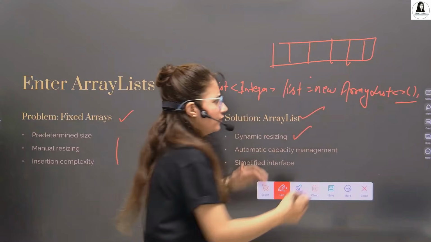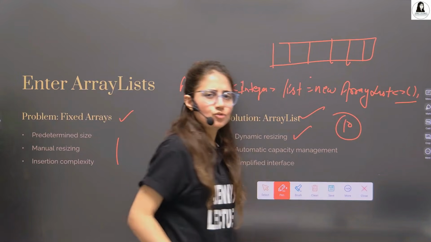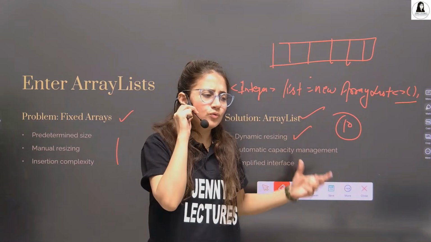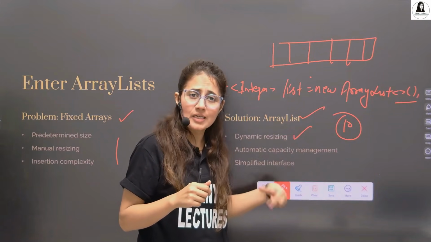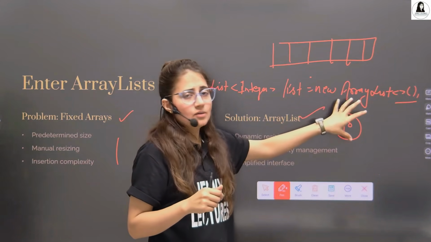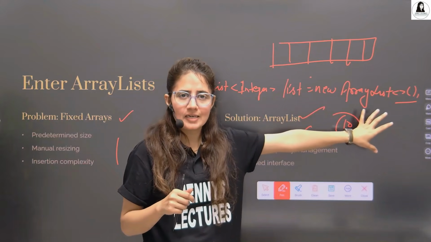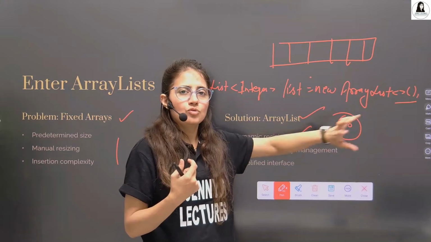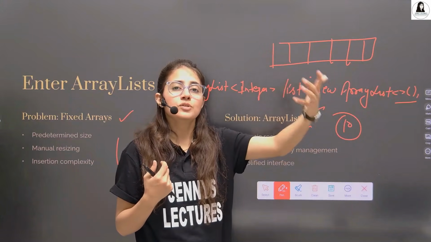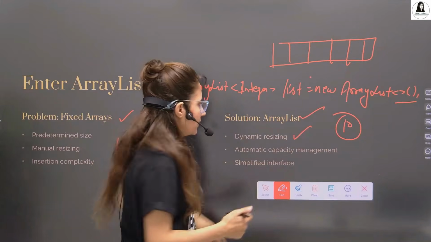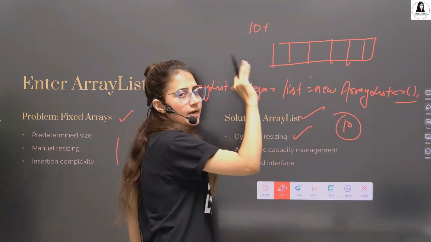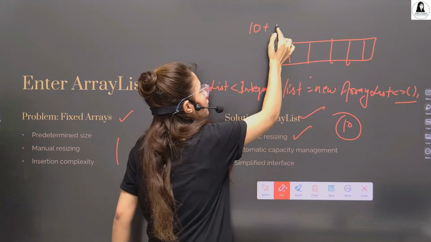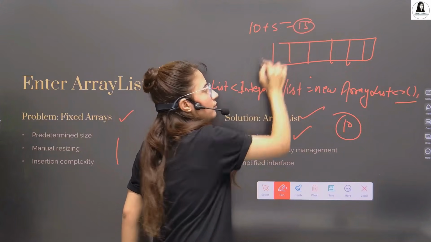Initial capacity by default, we know here it's 10. You can add elements. If you want to add an 11th element, you don't have to do any manual resizing. Automatically the capacity would be increased for this array list. How? It increases by almost 50%. Like whatever the old capacity, that was 10, plus that old capacity divided by 2 plus 5. So new capacity would be 15.